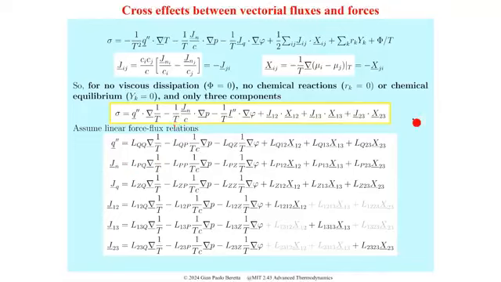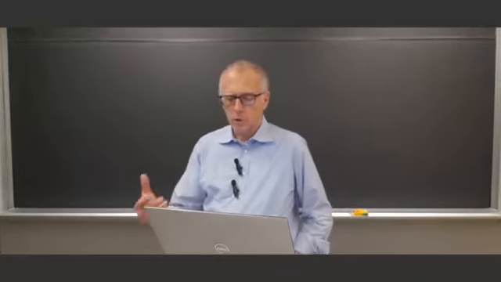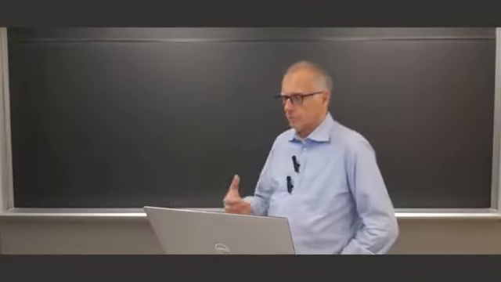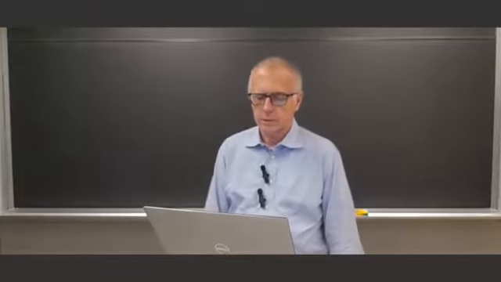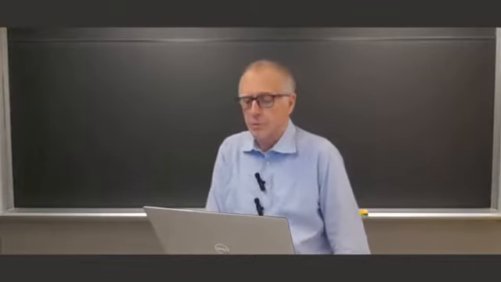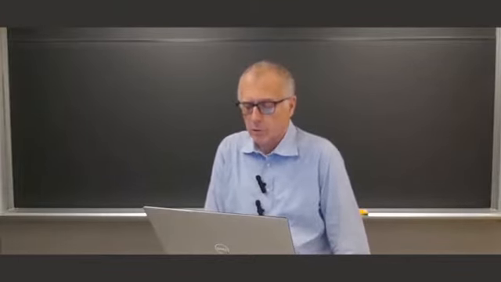So we have 6 different terms, 6 different extensive properties that can be transported in our system, and 6 different degrees of disequilibrium which control and drive the system back towards equilibrium.